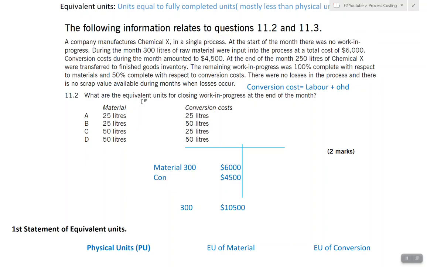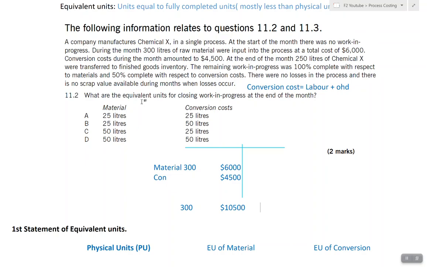A company manufactures chemical X. In a single process, at the start of the month, there was no work in progress. During the month, 300 liters of raw material were input into the process at a total cost of 6,000. Conversion cost during the month amounted to 4,500.